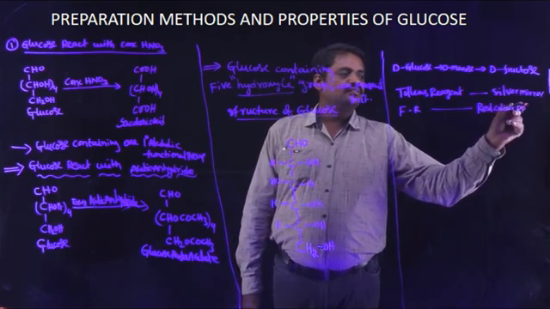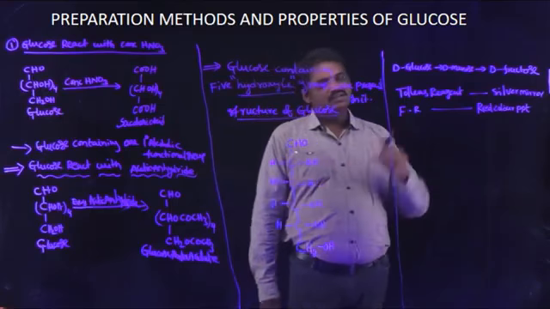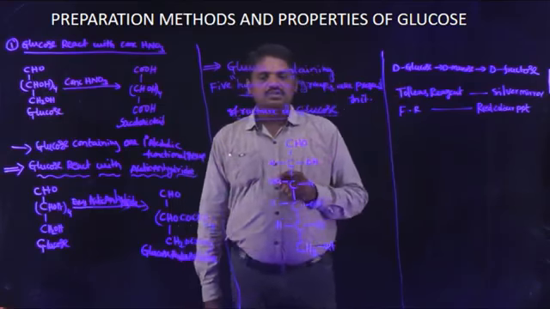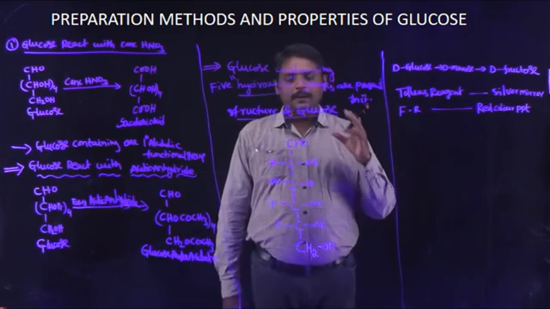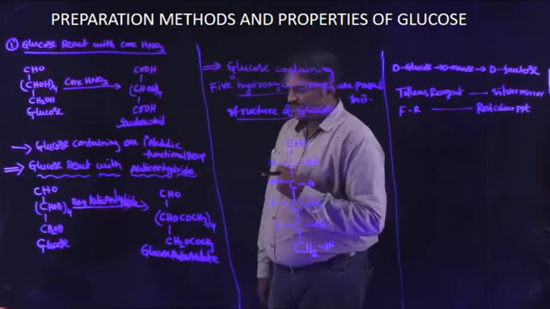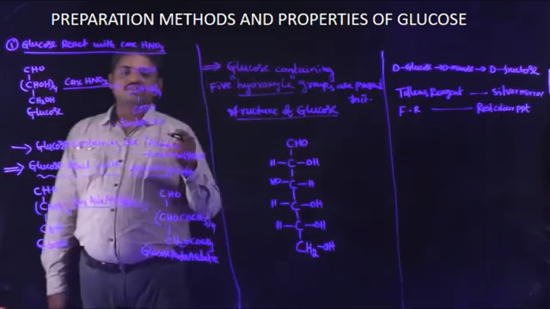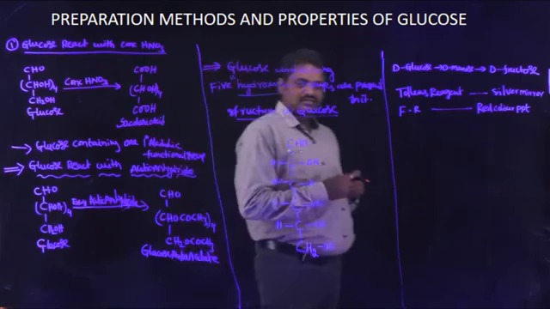But the fructose structure contains one keto functional group, and this molecule also reacts with the Tollens reagent. Why? What is the reason?